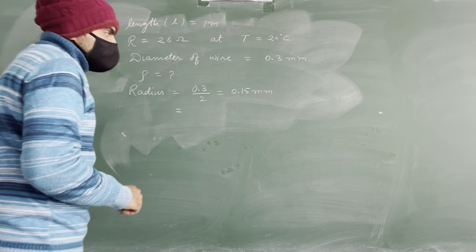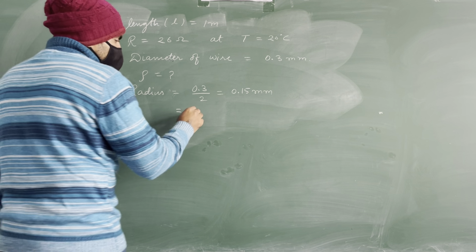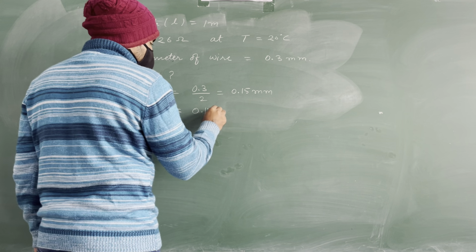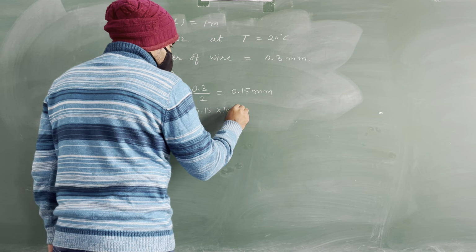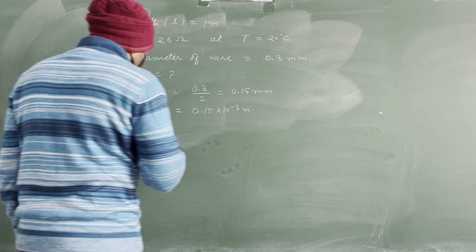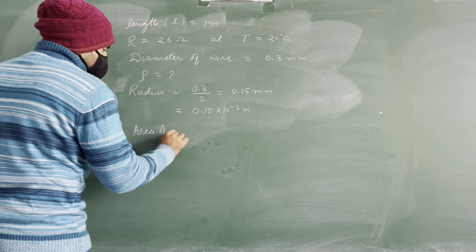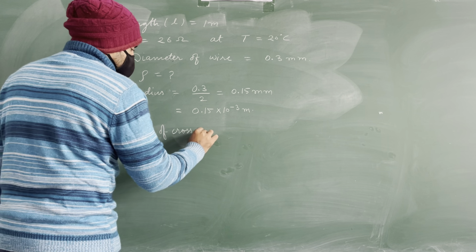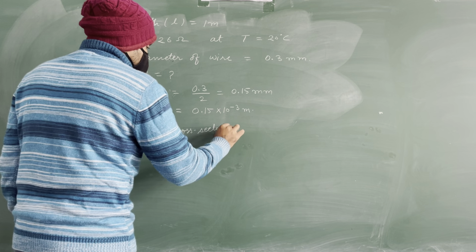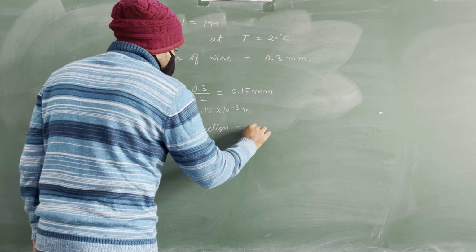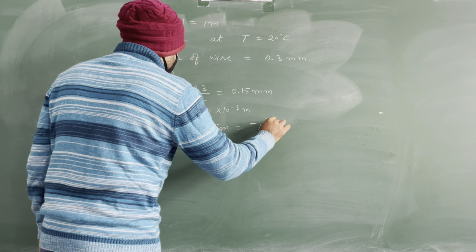Let's convert this quantity into meter. It will be equal to 0.15 into 10 raised to power minus 3 meter. Then area of cross section will be equal to pi r square.